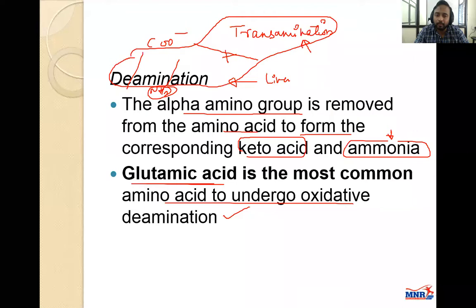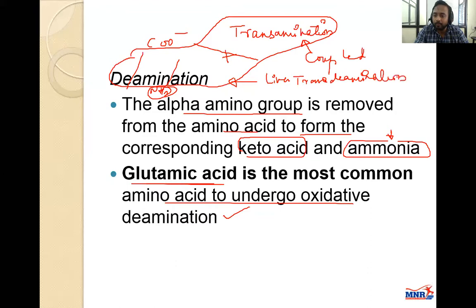So these both are actually coupled reactions. That's why these two together are called the trans-deamination reaction. They are physically occurring very distinctly. Physically these two reactions are occurring at two different places.